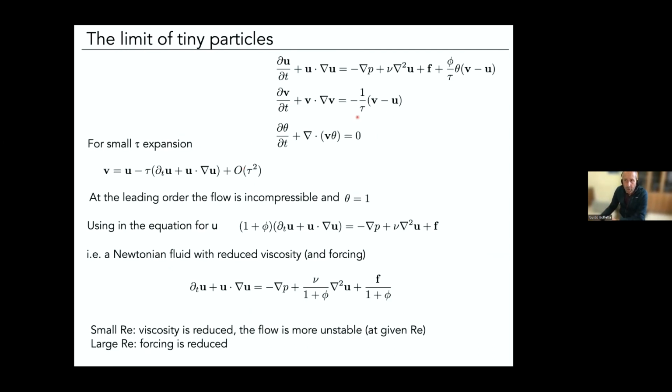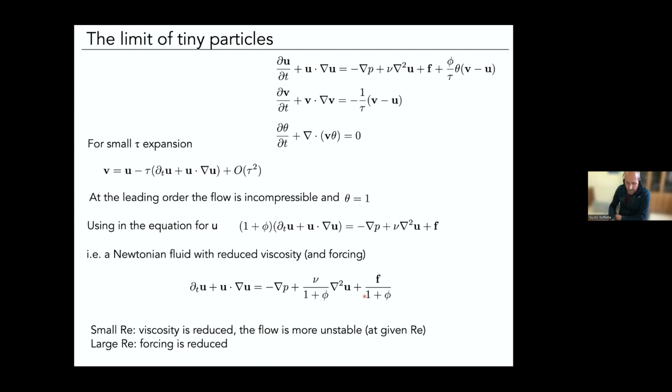This is the Saffman model which we use for the simulations to make the computation. But if you take the limit of small tau, you can rewrite this model as a single equation. So it is a Newtonian flow with a rescaled density, or if you want, a rescaled kinematic viscosity and force.